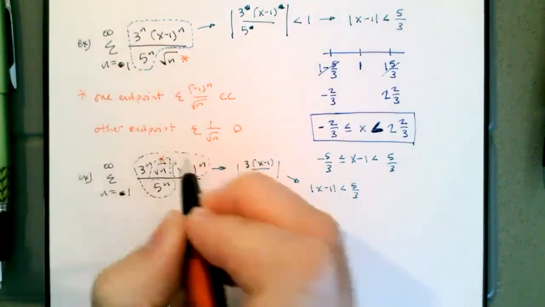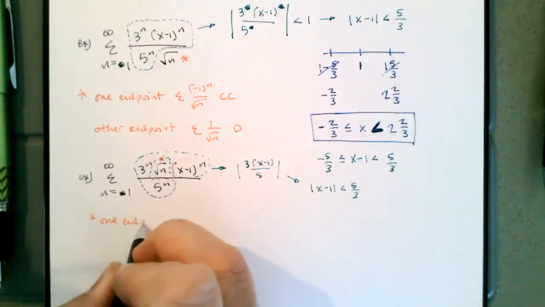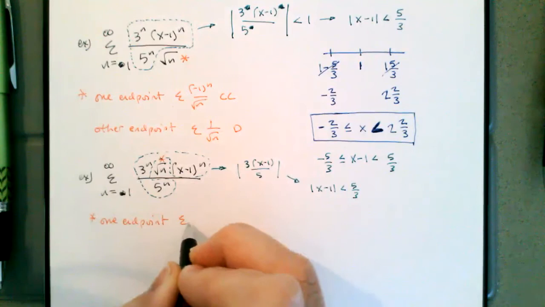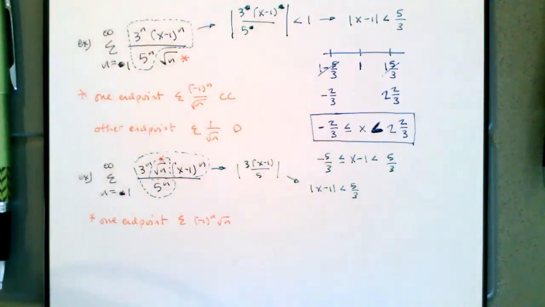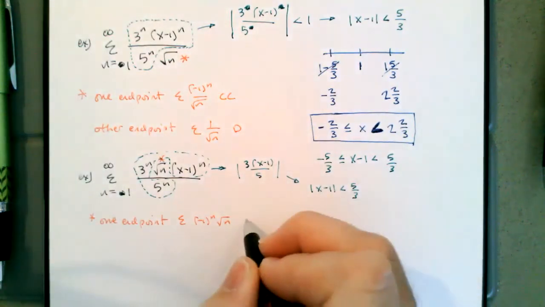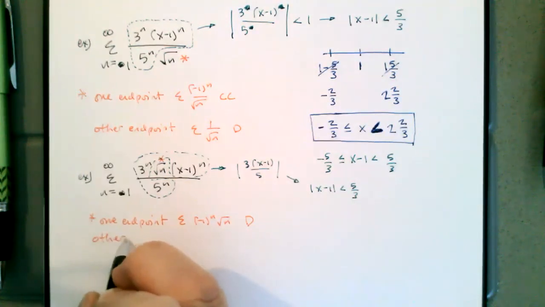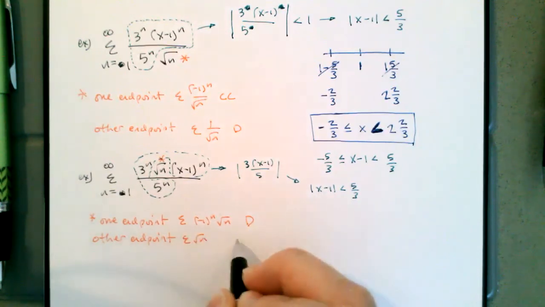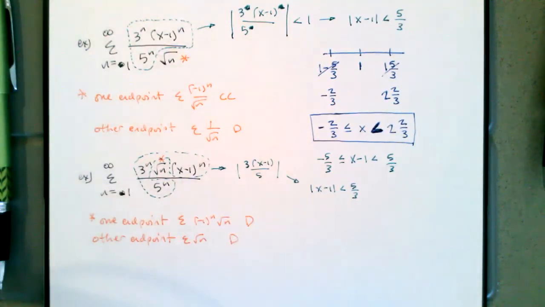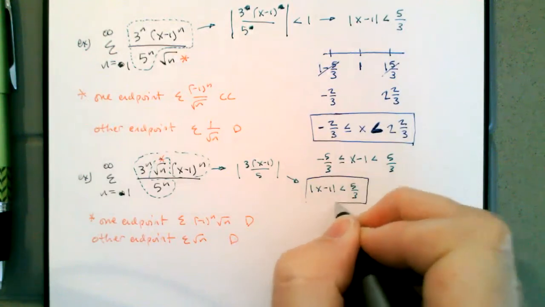But when we look at this square root of n in the numerator, at one endpoint, we'll have an alternating square root of n, but this is an n to the 1/2. That diverges, and then the other endpoint also diverges. So neither endpoint is included. So it looks like our interval of convergence is just going to be this. X minus 1 has to be strictly less than 5/3.